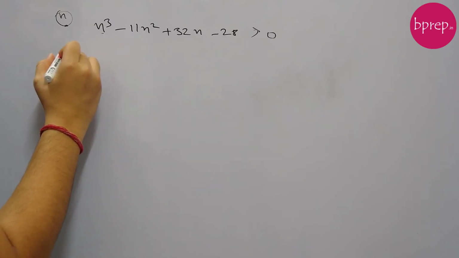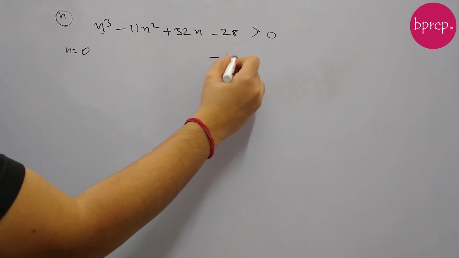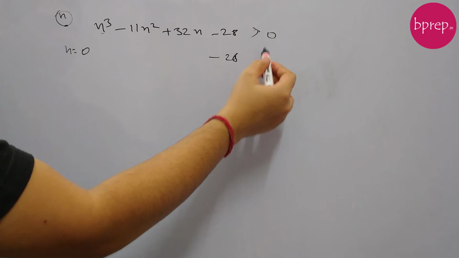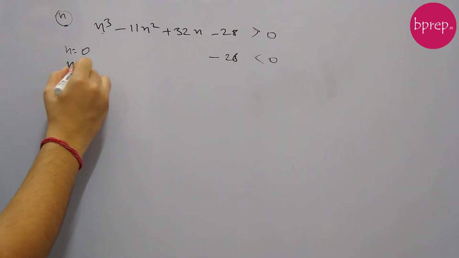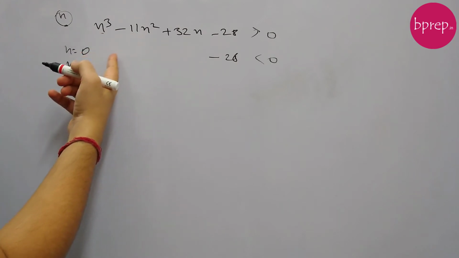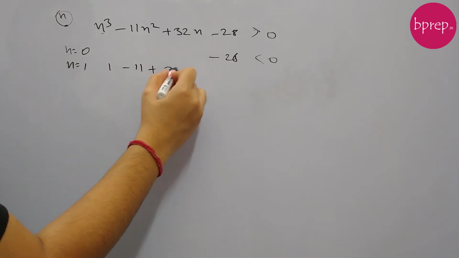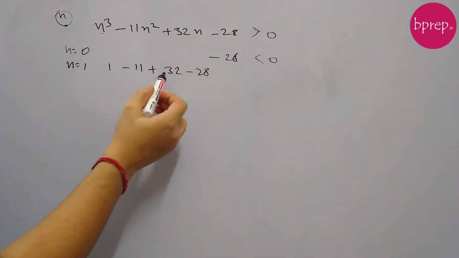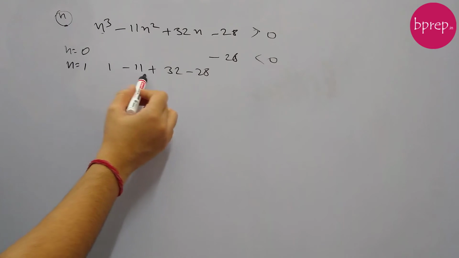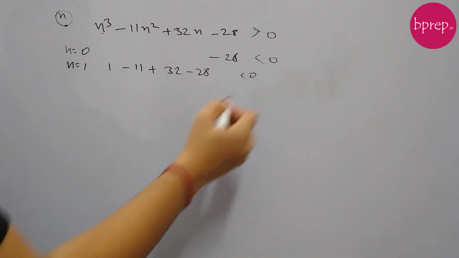When n is equal to 0, this will be minus 28, which is not greater than 0. When n equals 1, the value of this expression will be 1 minus 11 plus 32 minus 28, so this is minus 10, and again this has a negative value.